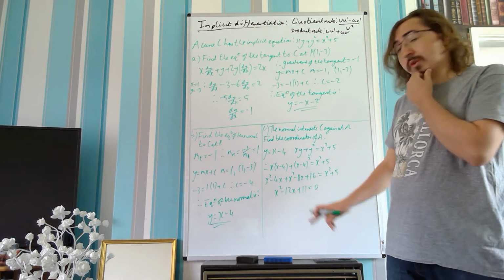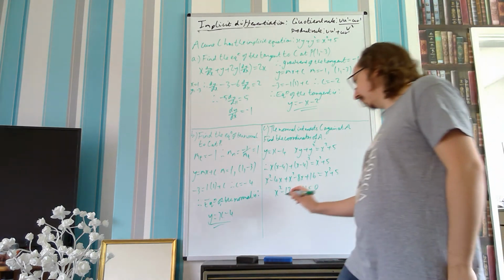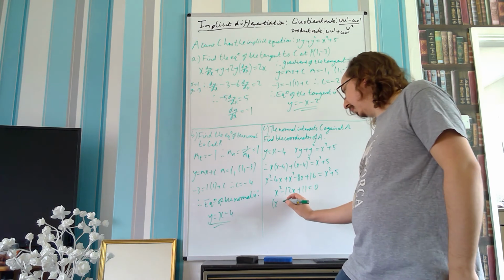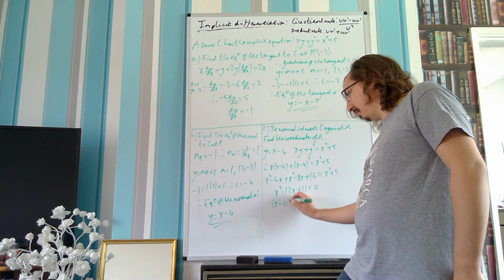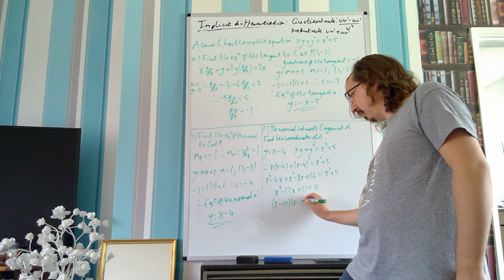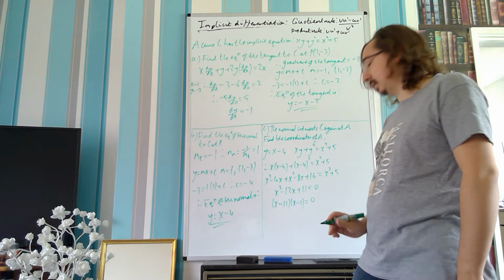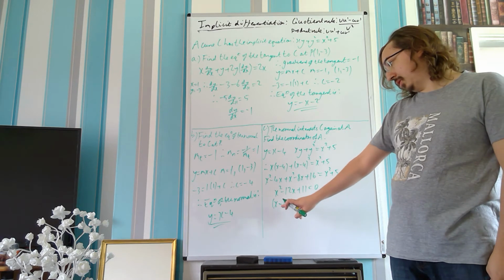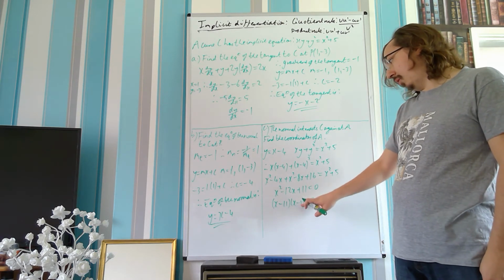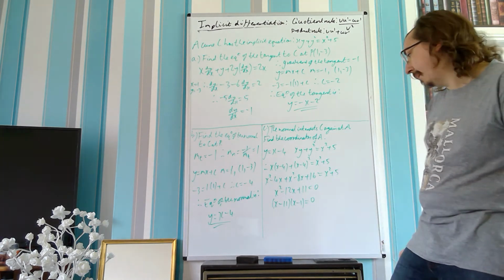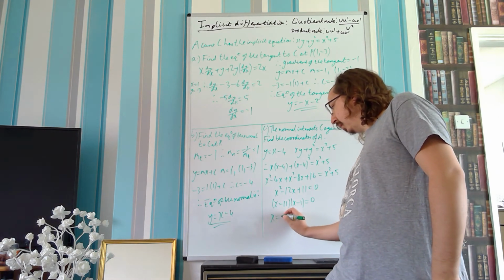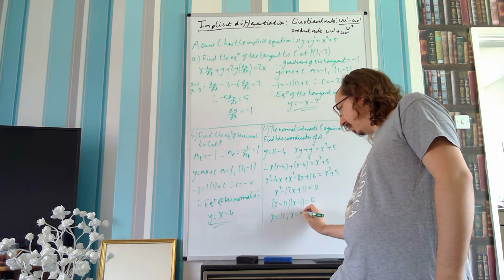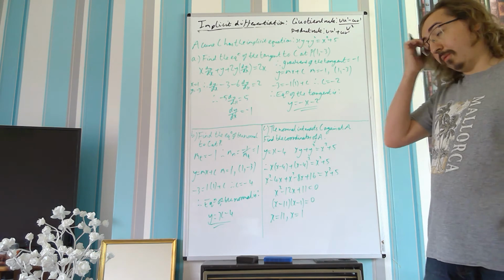At this point we've got a quadratic, so we can factorise it and say that we have (x minus 11)(x minus 1) is equal to 0. Just check it. Plus 11 on the multiplication, minus 11 minus 1, minus 12x, that's fine. So x is equal to 11, x is equal to 1.